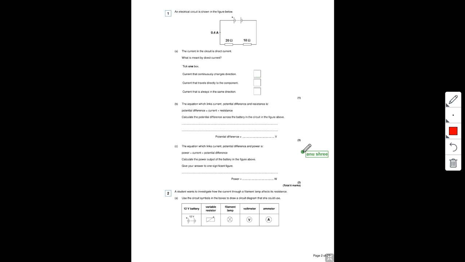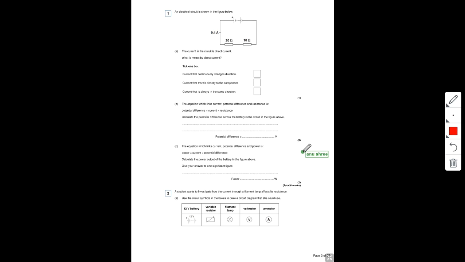What do you mean by power? How can you define the power? Energy over time. Yes.